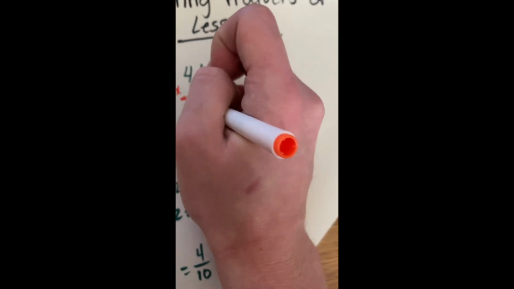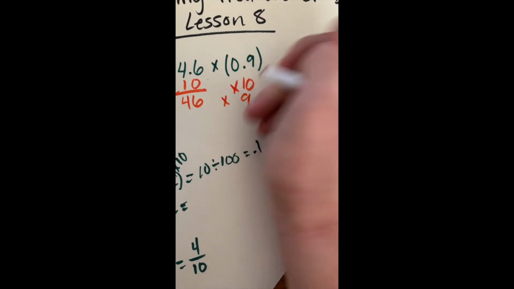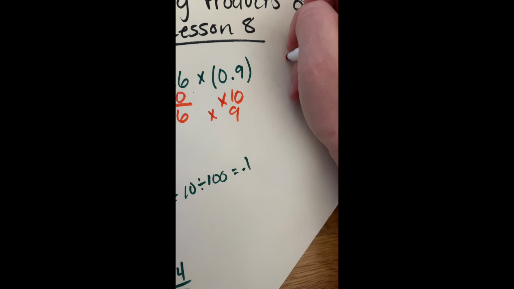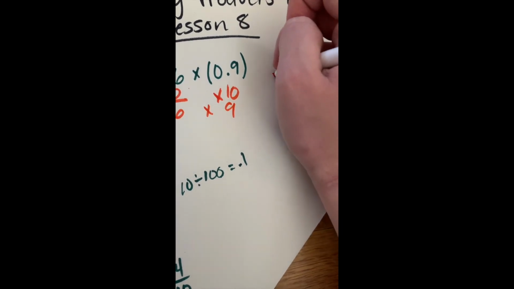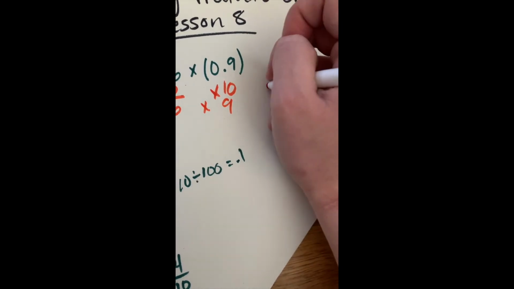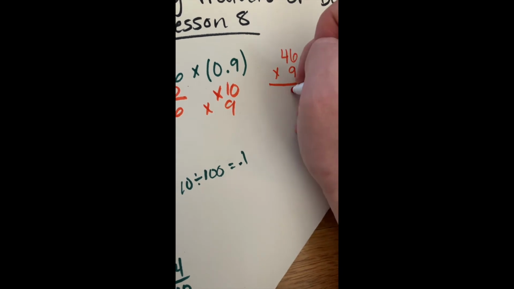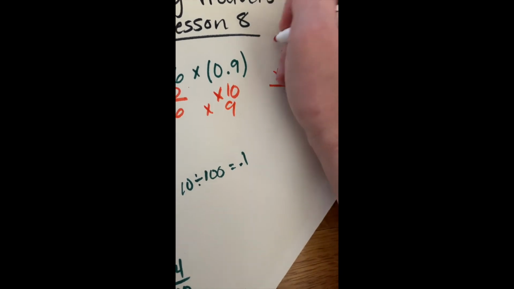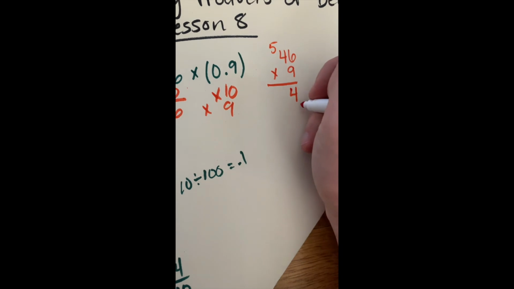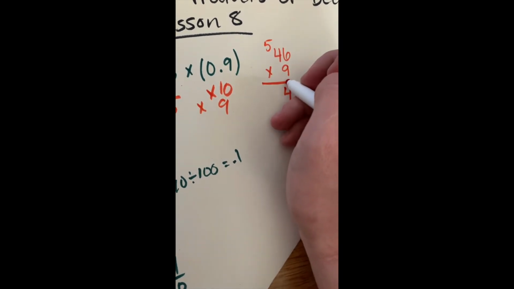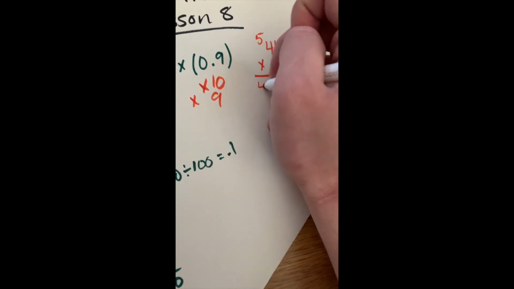So this is 46 times 9. So if we set our math up vertically, we have then 46 times 9. 9 times 6 is 54. Carry our 5. 9 times 4 is 36 plus 5, which is 41.